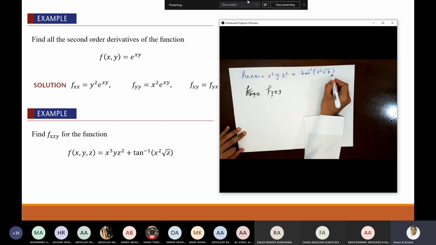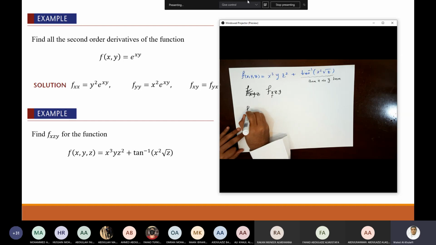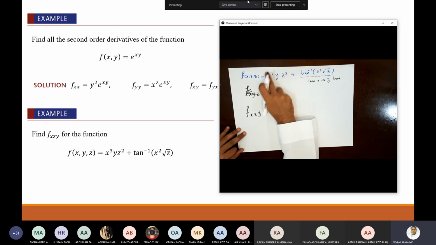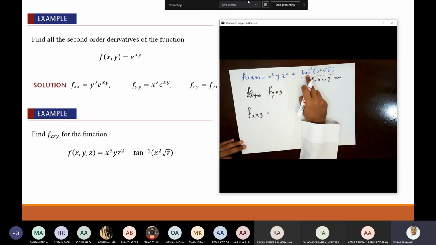But notice this, there is no y here. ما في y. صح ولا يا شباب؟ So if I'm going to differentiate x, z, y, I know for the fact that whenever I differentiate x and y and z you always get continuous, يعني polynomial في الأخير, so you don't have any problem. The tan inverse when you differentiate with respect to x will be 1 over 1 plus something square, which can never be zero in the denominator, so we have continuity all the time. So you don't have any problem in the continuity of this one.